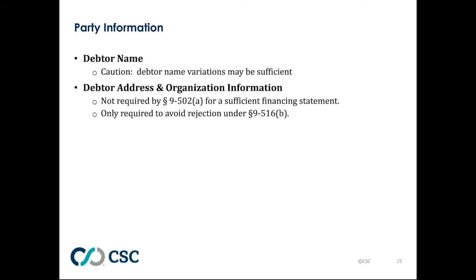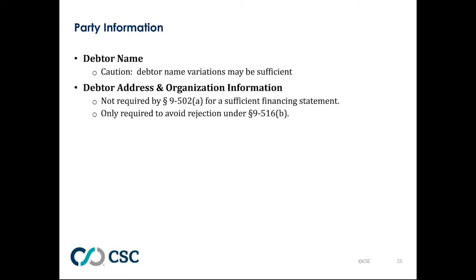From a search interpretation standpoint, it's important to recognize that this information is provided solely for indexing purposes. It is not required for sufficiency purposes. In other words, a financing statement filed without a debtor address, and in New York they still require organization information, if it's filed without address or without organization information, that will not make the record ineffective.